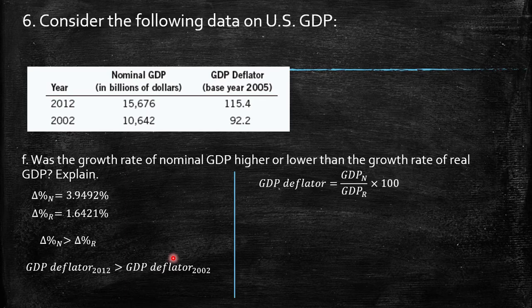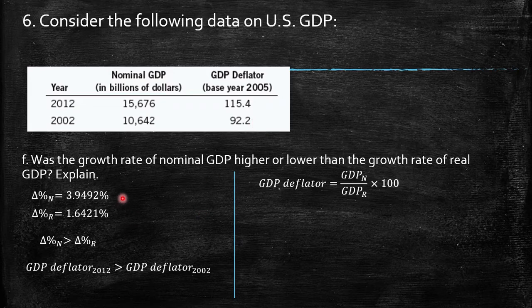It's important to verify here that the nominal for 2002 was lower than the real GDP, which makes the deflator lower than 100.